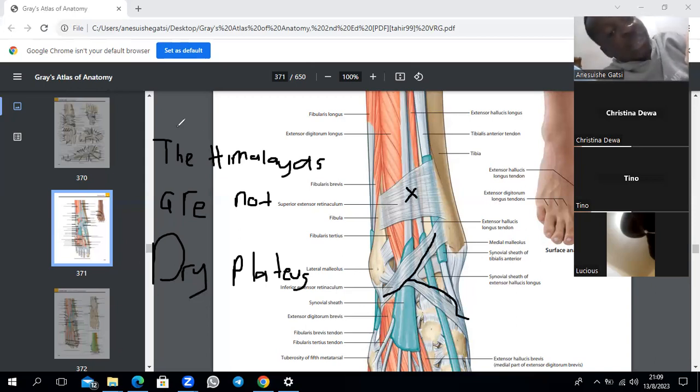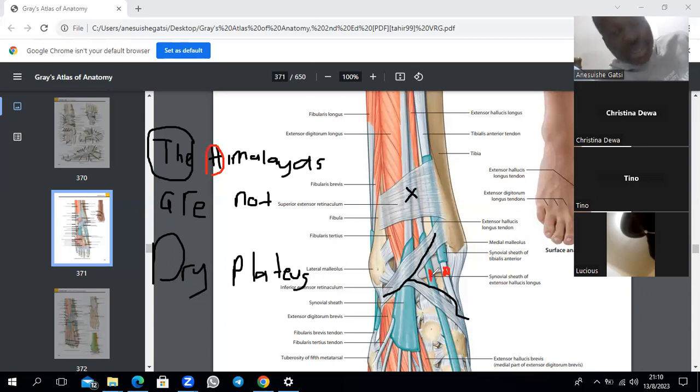From medial, the T means a muscle that starts with T. So just remember which muscle started with T on the anterior leg. It was tibialis anterior. So I think you can see tibialis anterior. Let me use a different color. Let me use red. This is tibialis anterior. It's the most medial. Himalayas, we are thinking about a muscle that had hallucis in it. Right. So we have a muscle called extensor hallucis, which is this one.